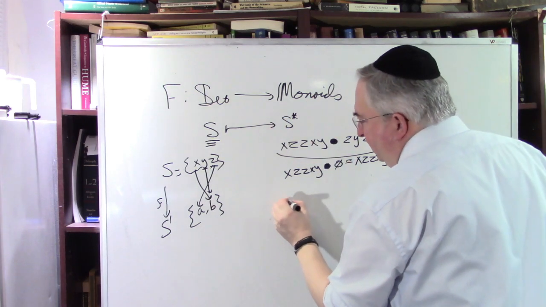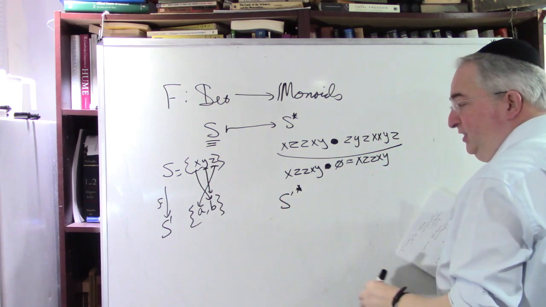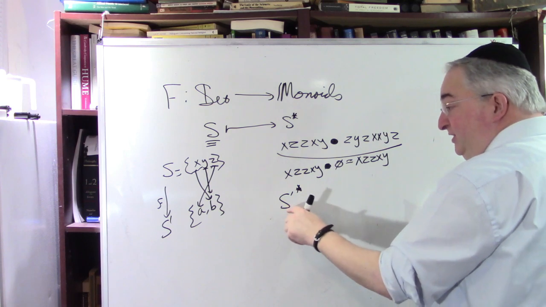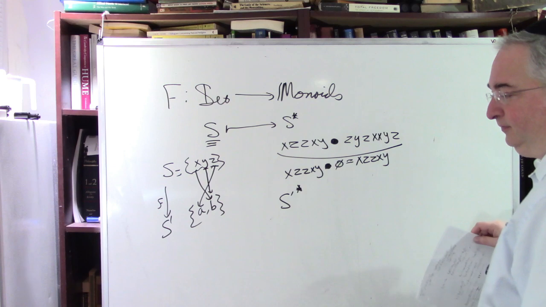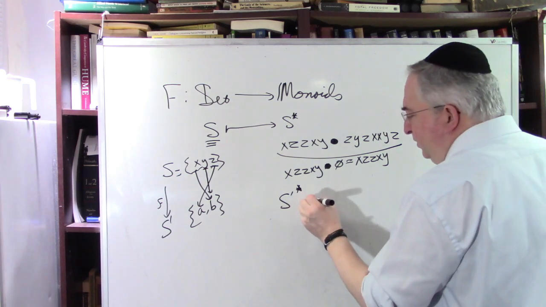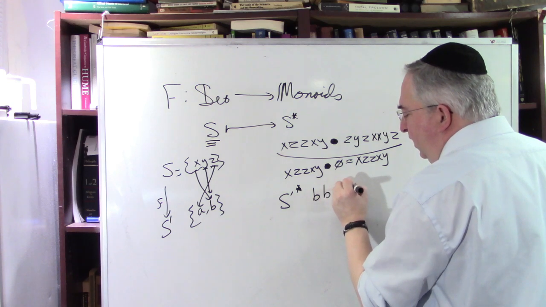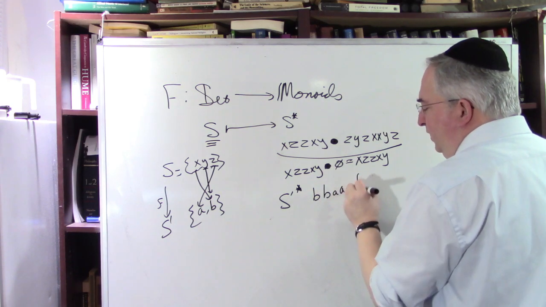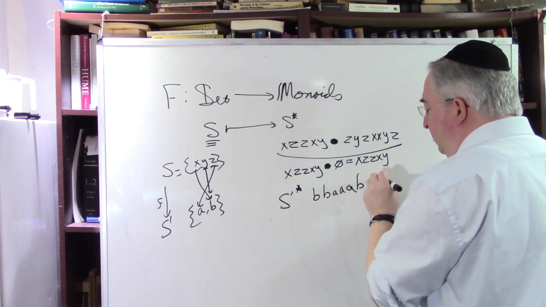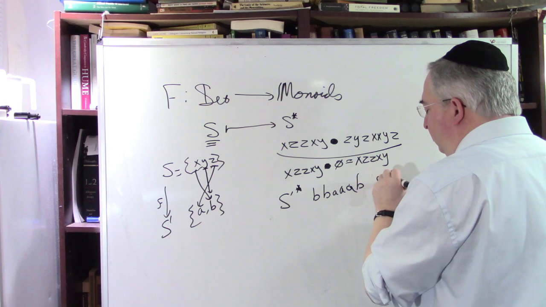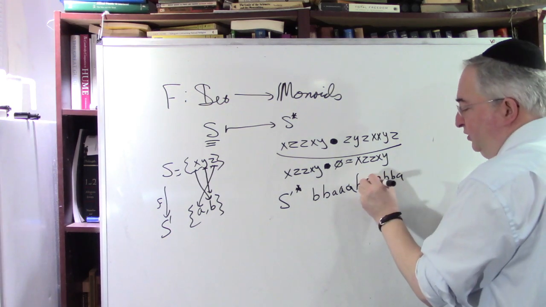And the answer is, you ready? There's going to be another monoid called S prime, and the typical elements in this monoid are words made out of A's and B's. So let's do some typical things. Here's a typical element: B, B, A, B. And here's another typical element: A, B, B, A. And you can concatenate them.